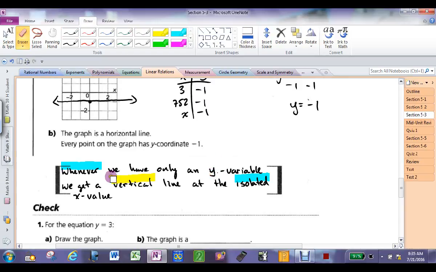Y variable, horizontal. I know, right? At the... I didn't even need to change isolated.